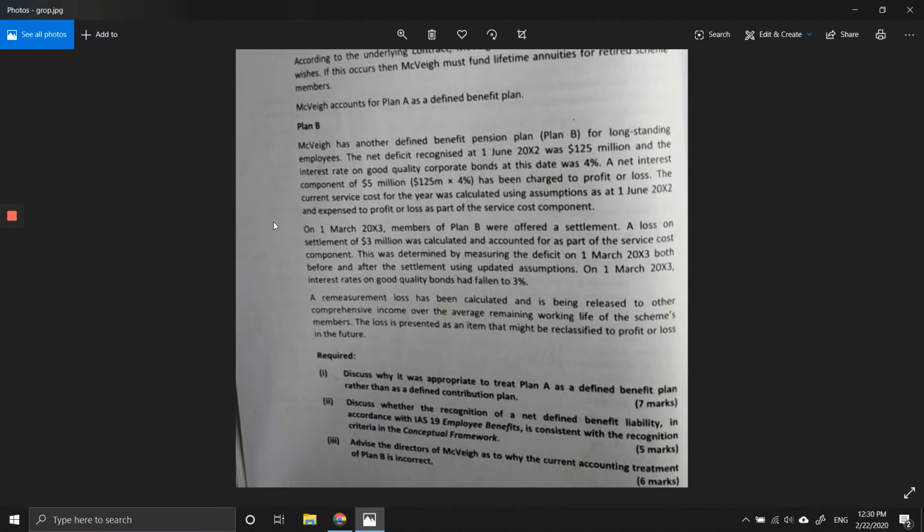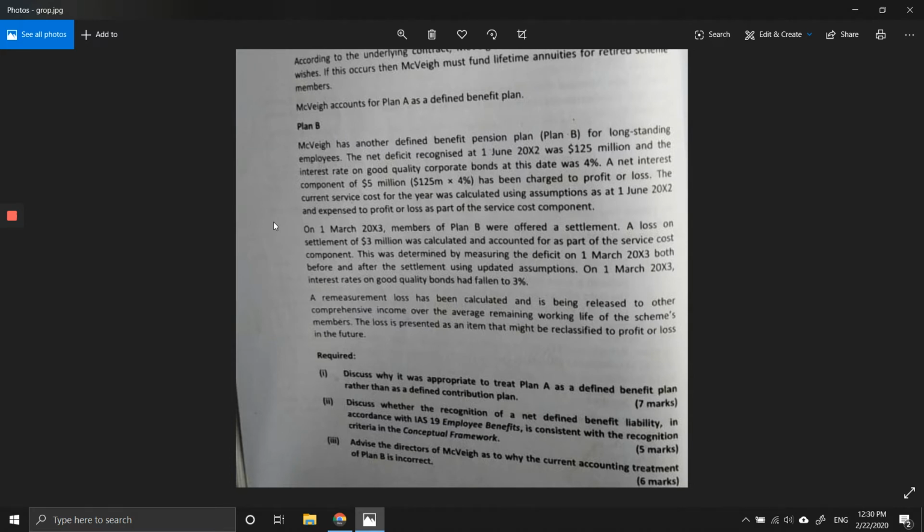This was determined by measuring the deficit on 1st March 20x3, both before and after the settlement, using updated assumptions. On 1st March, the quality rate had fallen to 3%. The remeasurement loss has been calculated and is being released to other comprehensive income over the average remaining working life of the scheme members.